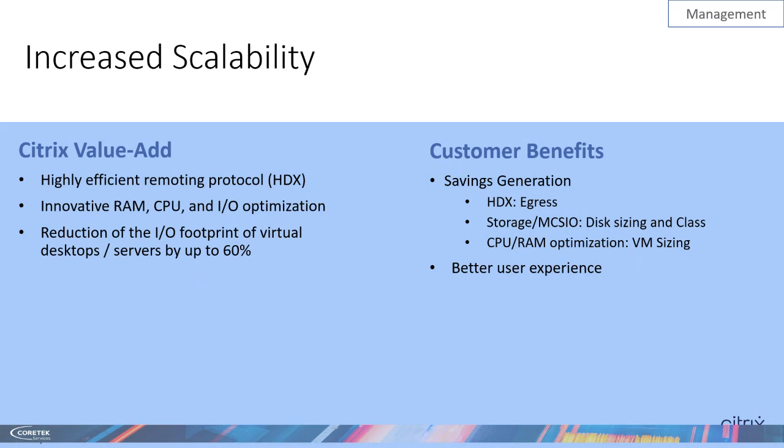We have innovative resource optimization through some of the One technologies that allow us to manage CPU and RAM, and then of course with the reduction in IO footprint of MCSIO, we're potentially saving on some of the I/O that would otherwise be spilled to potentially a premium disk, and having some positive impacts on the amount of data we might be egressing, on our disk classes and sizing, and then of course on our CPU and RAM optimization from an overall VM size perspective.